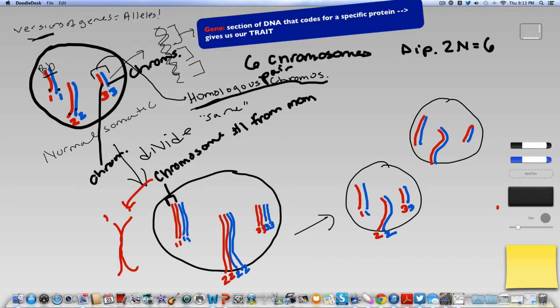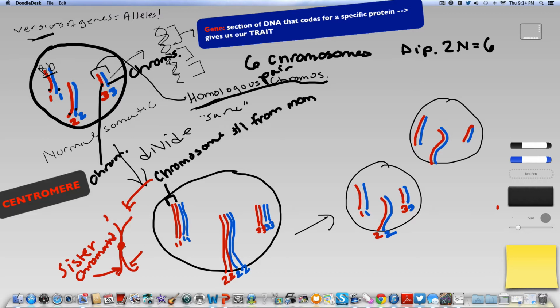But now we're going to call each of these, since they're still together, since the original is attached to its twin, a sister chromatid. As long as they're together and they're joined in this little region called a centromere, they're going to be considered sister chromatids.